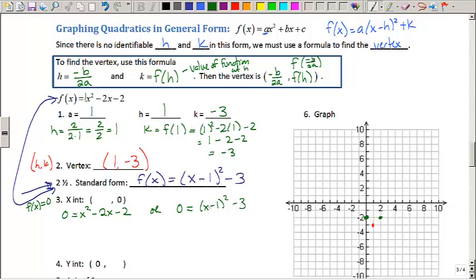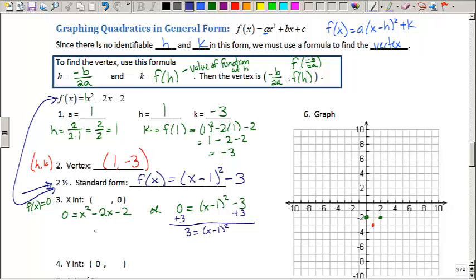Well, if it was me, I would prefer to solve in standard form because I can move the 3 over and use the square root method. Whereas if I'm using general form, I'm going to have to use the quadratic formula. So this added step, writing the standard form of the equation, is going to save you a little bit of time when you're trying to solve this equation to find the x-intercepts.